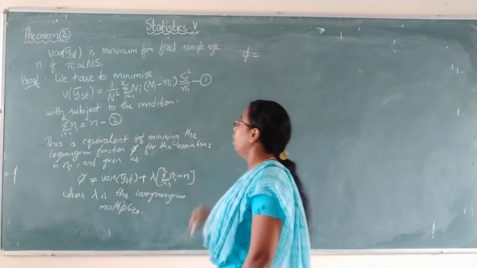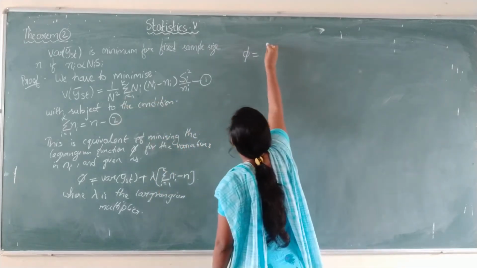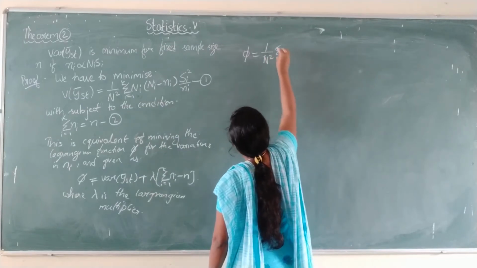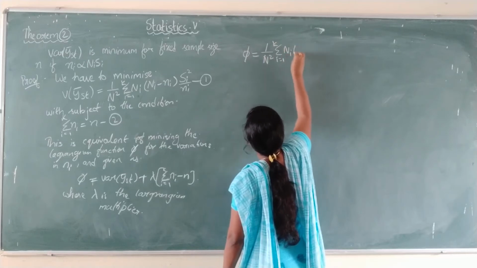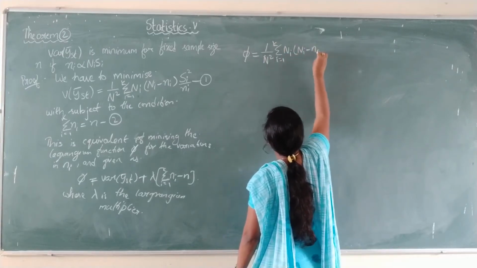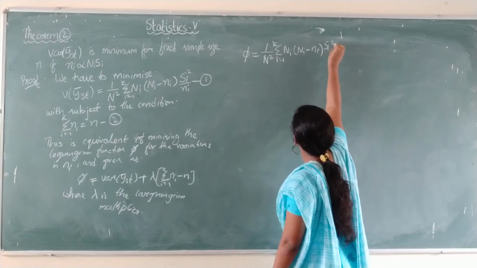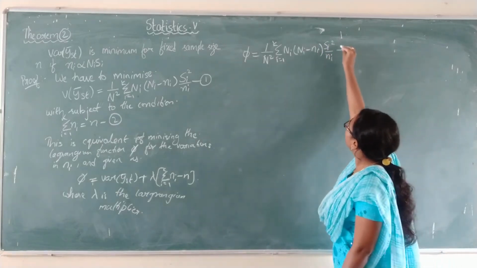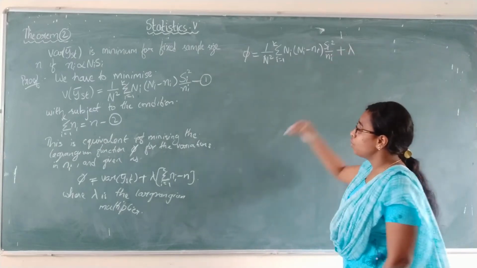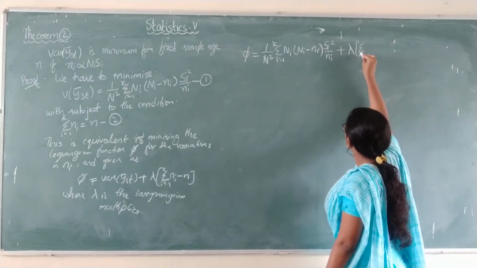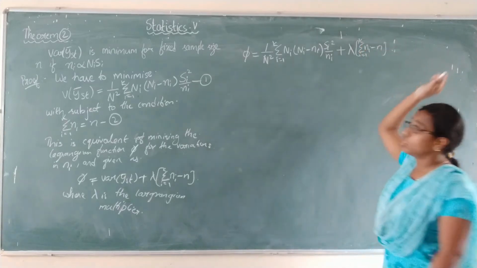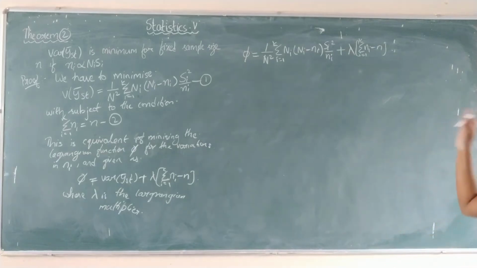Substitute that value, you will get 1 by n square summation i equals 1 to k capital Ni into capital Ni minus small ni into si square by ni, this variance of y bar st, plus lambda into summation i equals 1 to k ni minus n. So this is the Lagrangian function for the variance of y bar st.